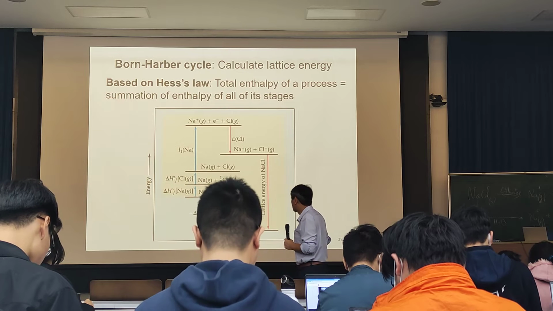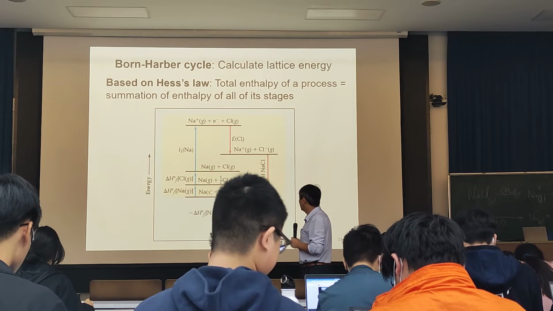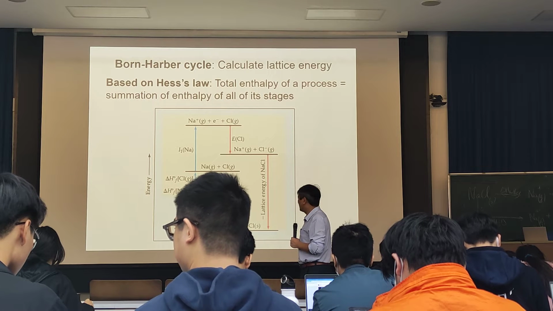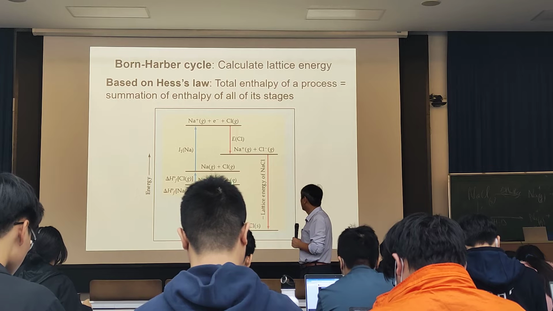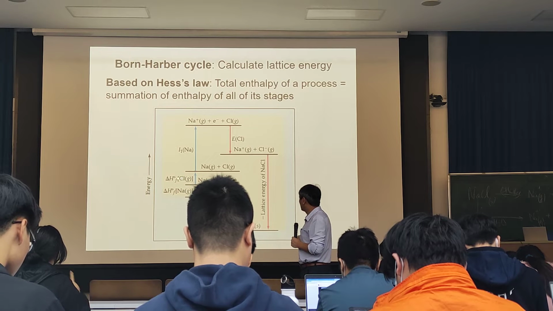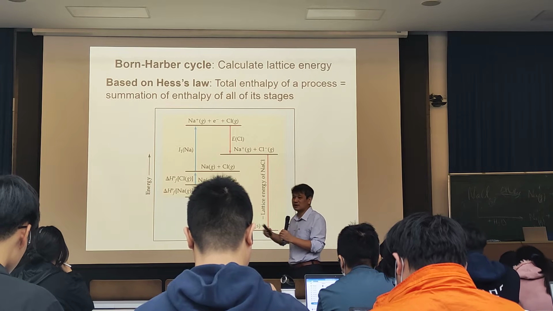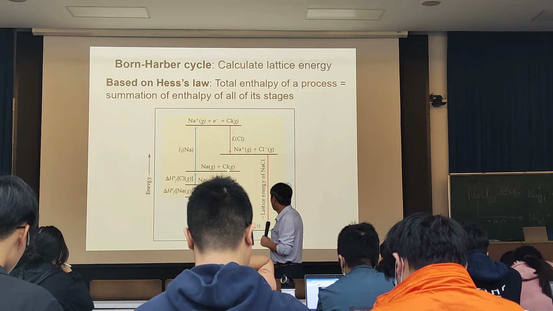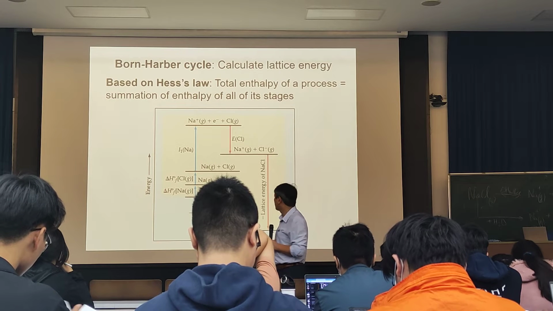Okay? Neutral charge. And then you need to put in energy to evaporate sodium from solid to become sodium gas. And then you need to put in energy equal to the bonding energy of chlorine to break the chlorine-chlorine bond. So you have sodium gas and chlorine atom gas.